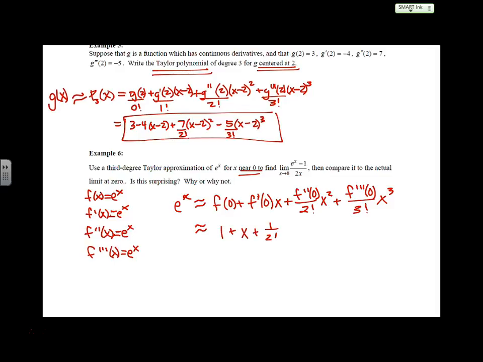What's e to the 0? 1/2 x squared, 1/6 x cubed. Hey, look, it has a nice pattern too. I bet it's a special one we're going to have to memorize. Use a third degree Taylor approximation of e to the x for x near 0.